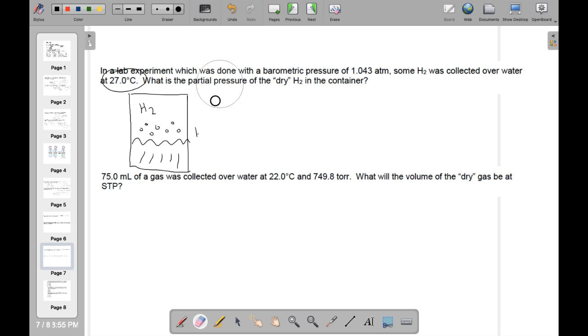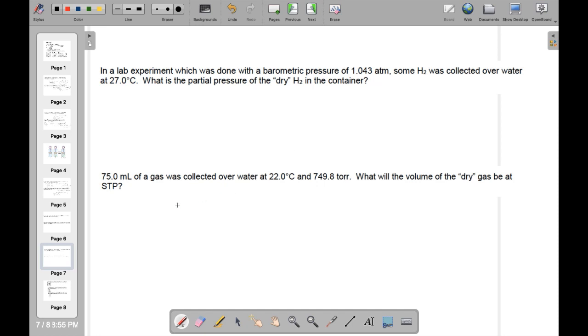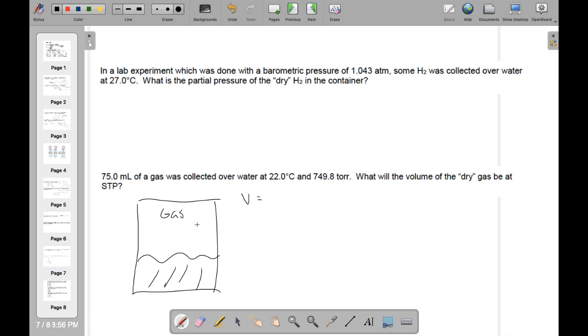75 milliliters of a gas was collected over water at 22 degrees. So yet again, we have a container. We have water. We have a mysterious gas in here. We don't even know what it is. We know that we have a volume here. The volume of this gas is 75.0 milliliters.